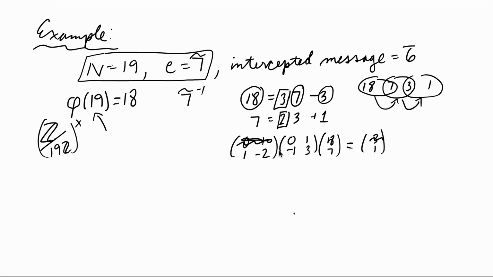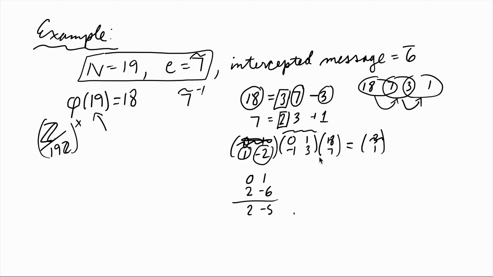Matrix multiplying the 1, negative 2 to this matrix right here is like thinking of this 2 by 2 matrix 0, 1, negative 1, 3 as being a row matrix function where I input a row and output a row, which is like 1 times the top row plus negative 2 times the bottom row, like 0, 1, 2, negative 6, and then add, you get negative 5, 2.